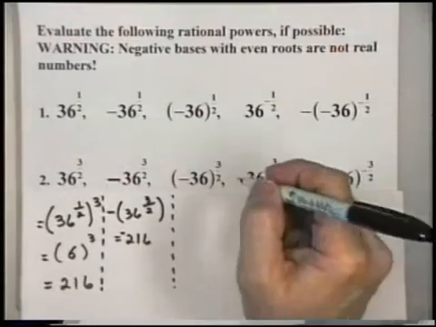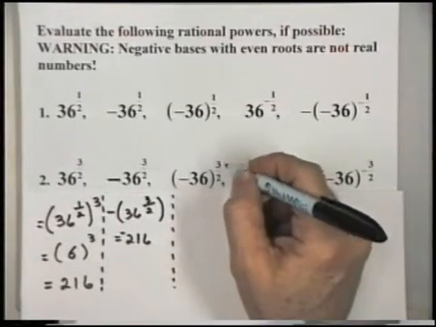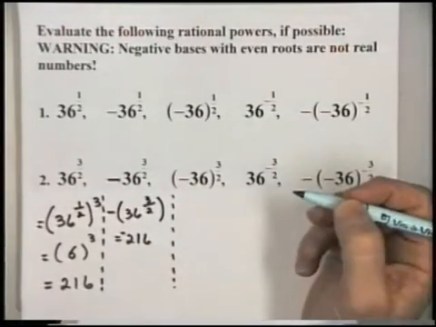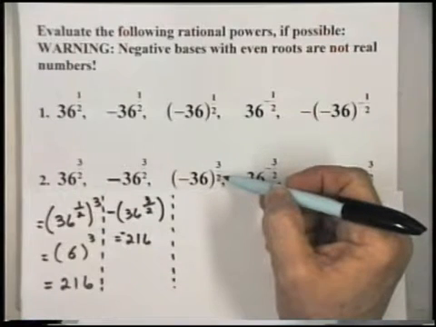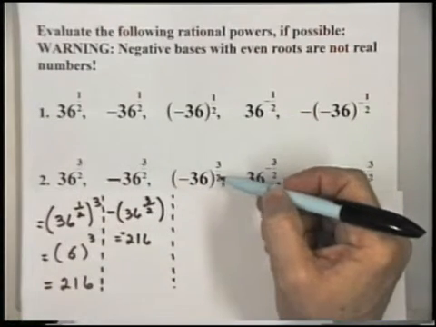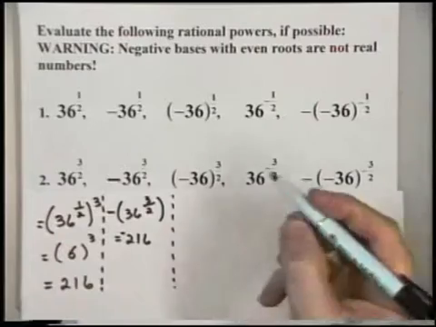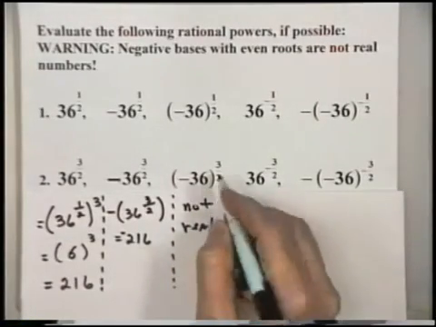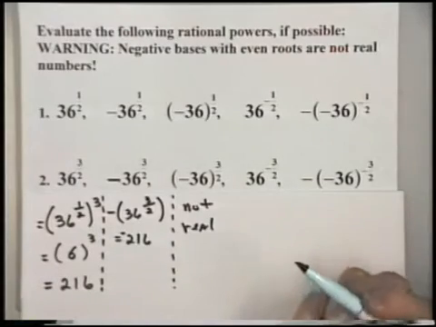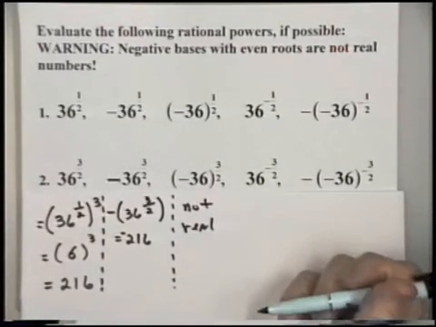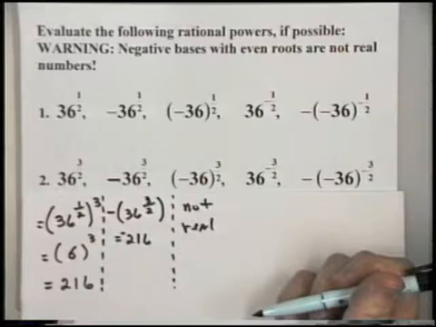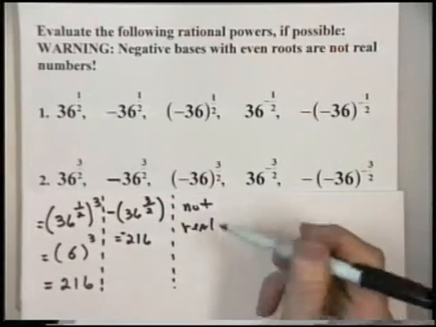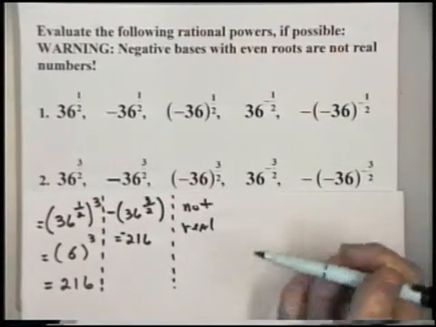The numerator, you might say, is your power. The root is the denominator, the numerator is the power. So this is a second root with a negative base. I can stop right there and say not real. Doesn't matter what that power is going to be up there, it's going to yield an unreal quantity.